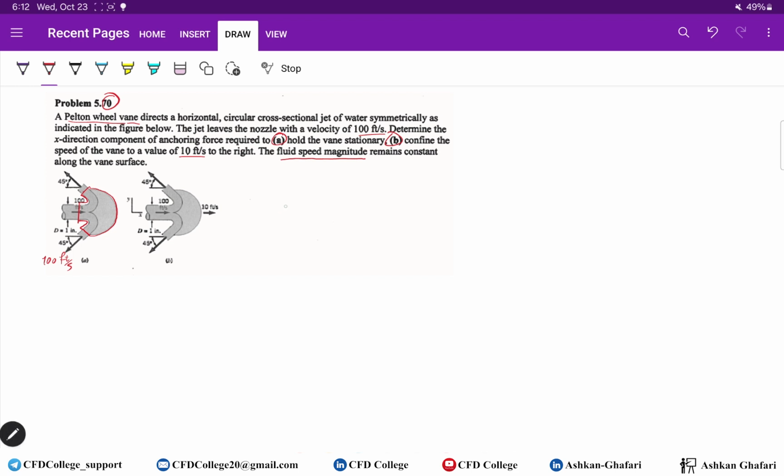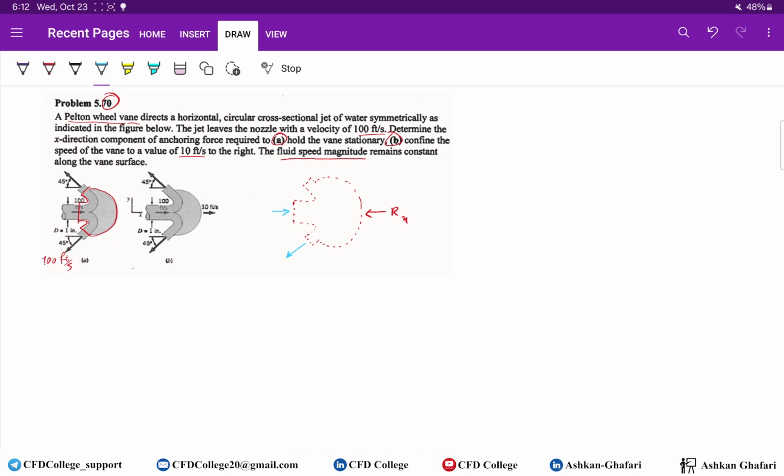So this is the control volume. Here we have Rx, the force. We have inflow. We have outflow. Remember and be careful, this is one outlet. It's symmetrical. We have a 3D Pelton vane.